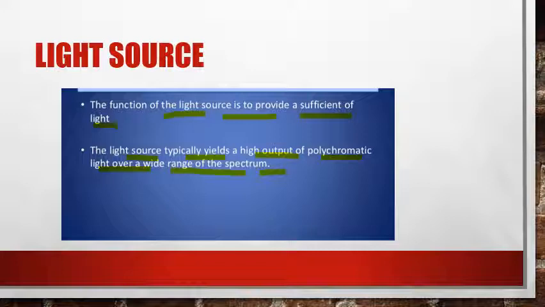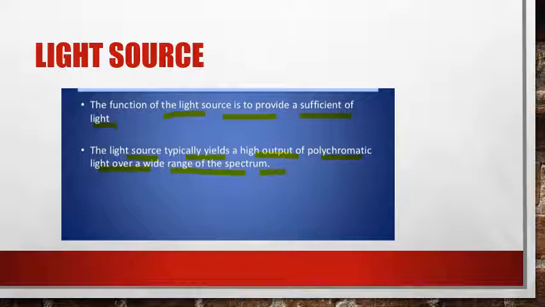So the main function of the light source is to provide sufficient radiation that can interact with the matter. Like in UV spectroscopy, you have to provide the UV light source, that is the hydrogen discharge lamp.